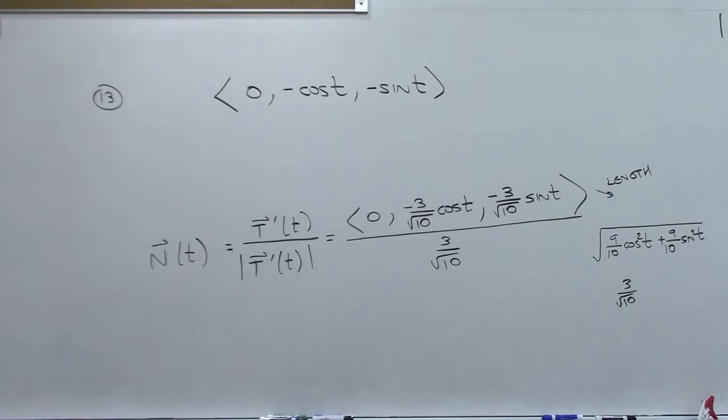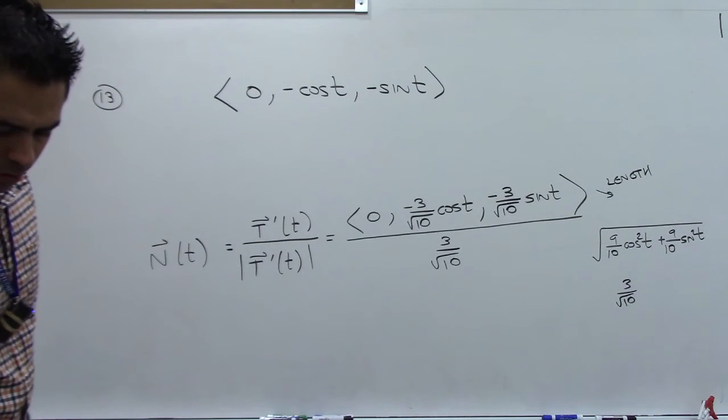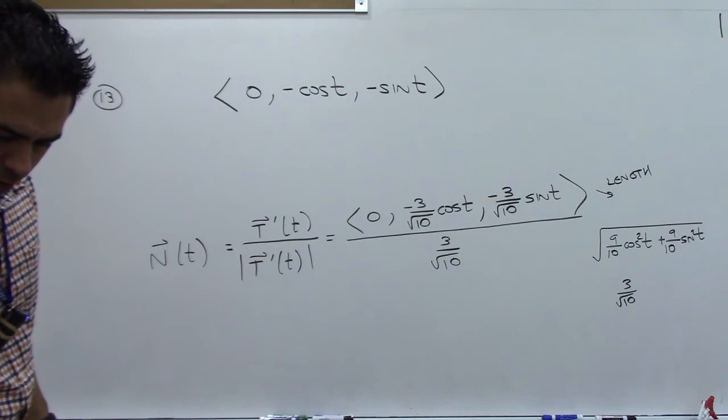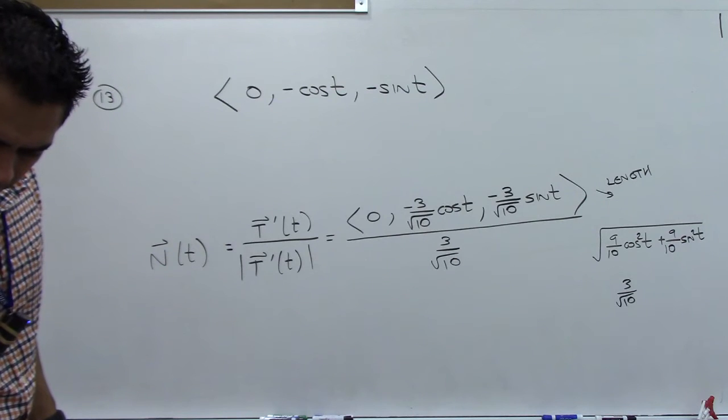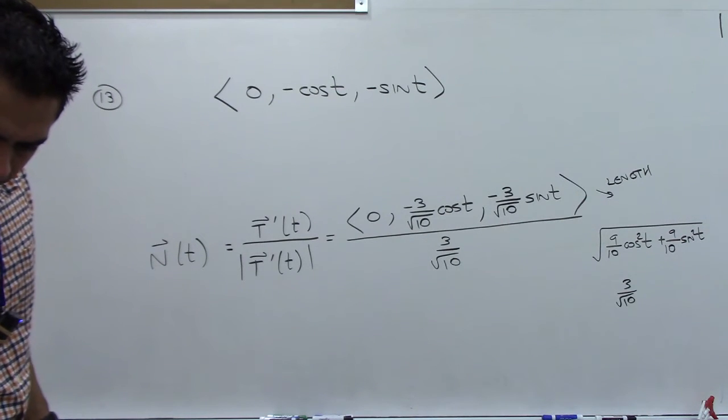Now for part B of the problem, you're supposed to use formula 9 to find the curvature. So let me see formula 9, where is it in here? Definition, formula 9.